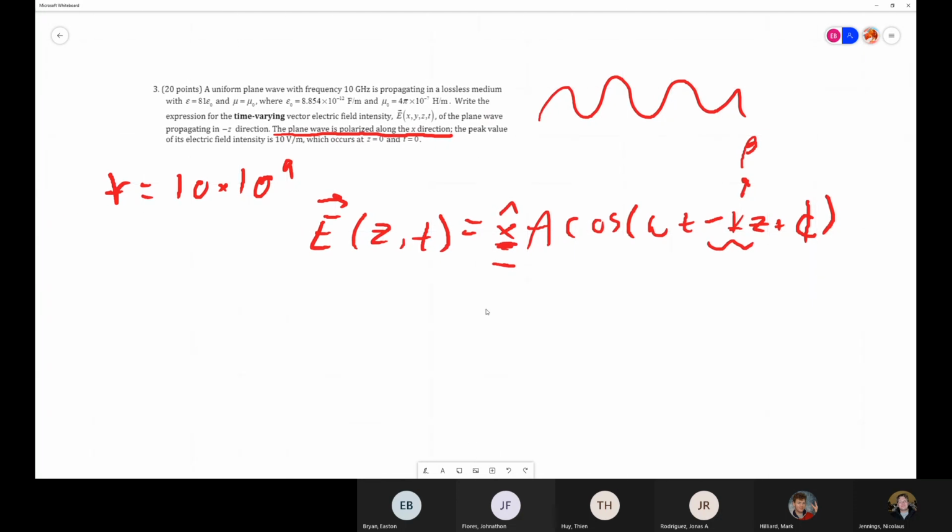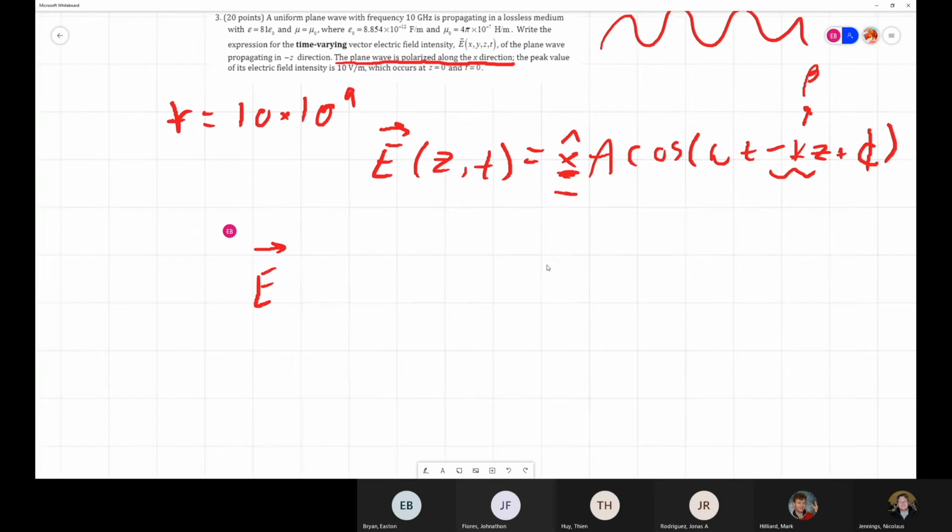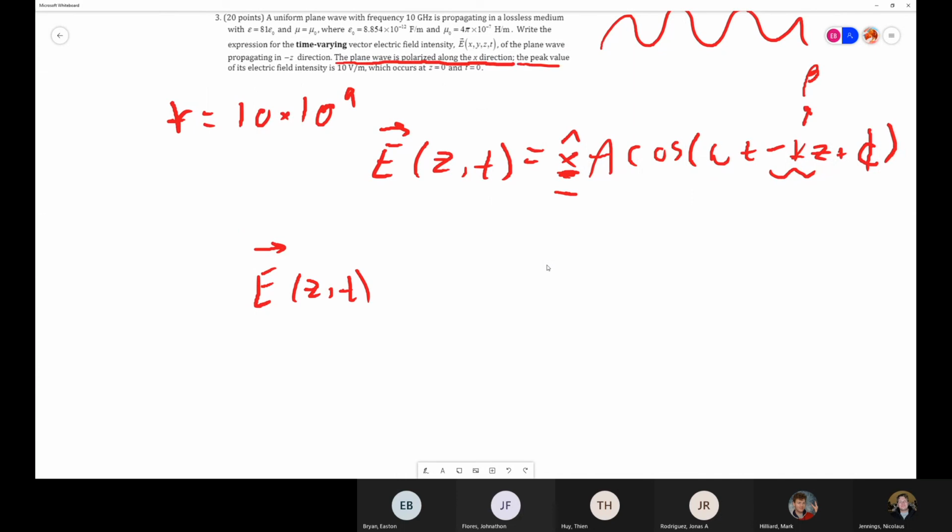So we can start with the actual values. It also gives you the peak value, the electric field intensity when z and t are both 0. So if you plugged in, well, you already know the peak value, 10, is going to have to be attached to the front of the cosine. It's the peak magnitude, basically.